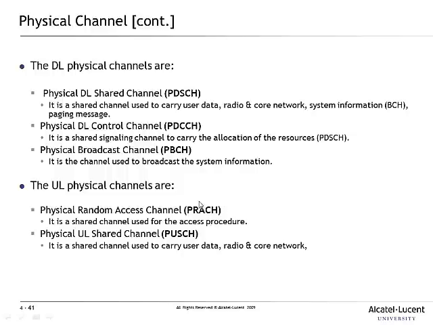Once you send the RACH, you get allocated a control channel, and once you have a control channel, you establish your connection, and then you get allocated a data channel. So it's always a 3-phase procedure where initially you send a RACH, then you get allocated a control channel. Once you have the control channel, you do whatever signaling is necessary before you get allocated a data channel. And the data channel has to be set up both in the uplink as well as downlink.